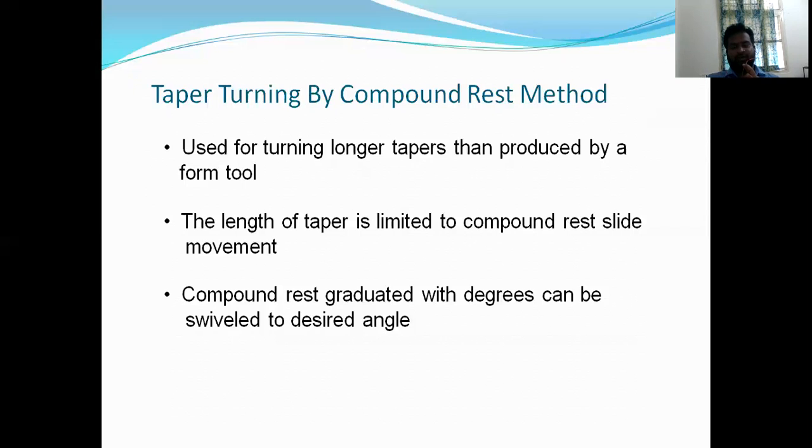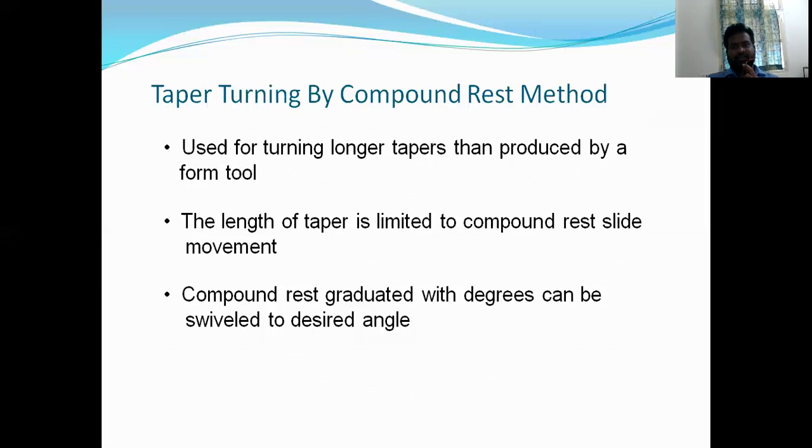Longer tapers cannot be produced by the forming tool method. For that reason, we go to the compound rest method. But in the compound rest method, the length is also a limitation, because the compound rest moves only some distance, right?